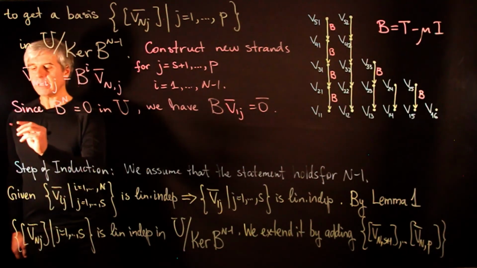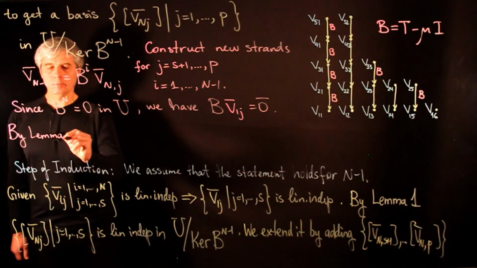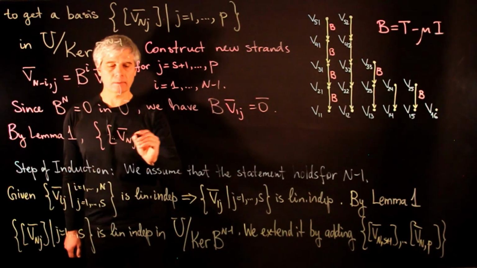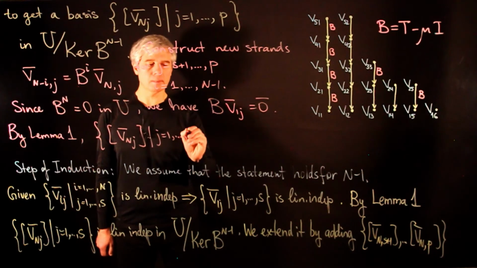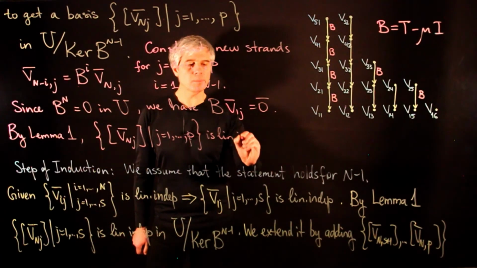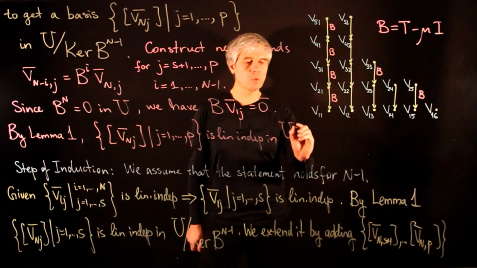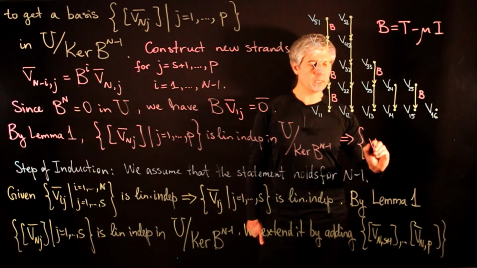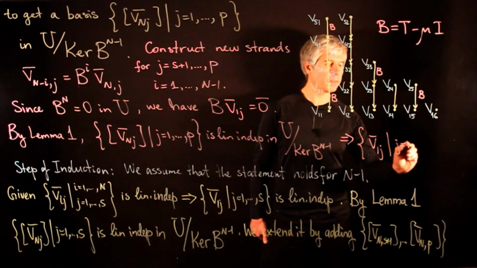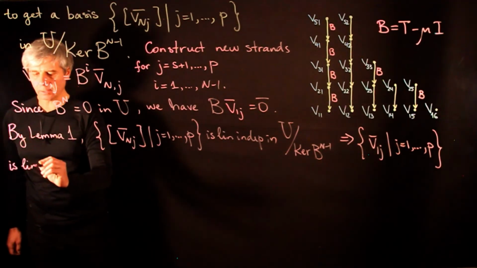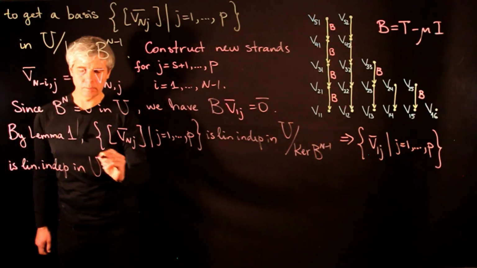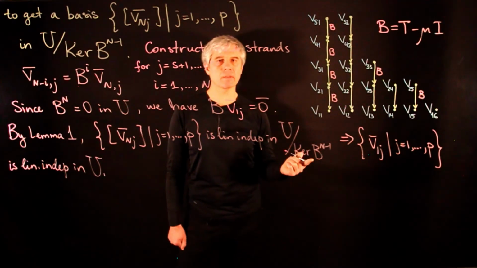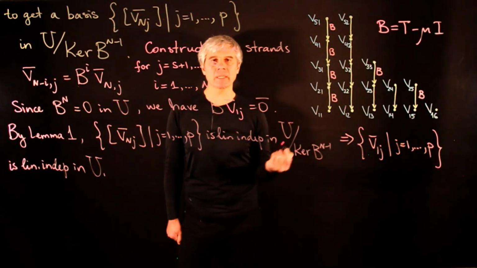Now, applying lemma 1 again, since this set of equivalence classes v n j, where j goes from 1 to p, is linearly independent in the quotient space U by the kernel of b to the n minus 1, this implies that the bottom vectors v1j, where j goes from 1 to p, are linearly independent in U. But then, by lemma 2, we know that if the set of bottom vectors in the strands is linearly independent, then the set of all vectors in the strands is linearly independent.